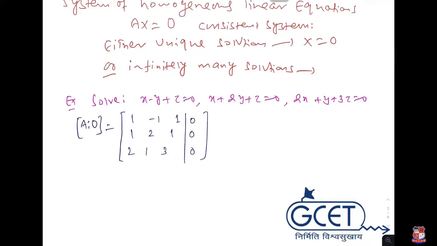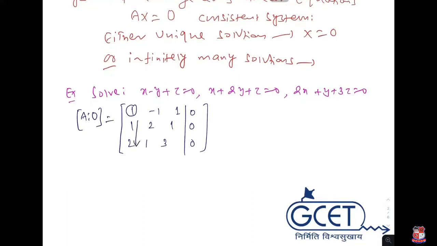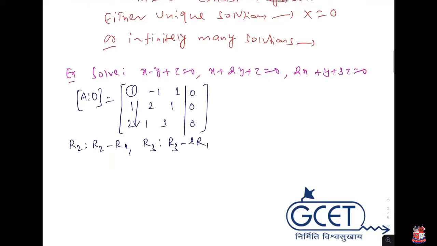Now here is a 1, so by using this 1 we can make the entry below 0. So R2 minus R1, R3 minus 2R1. Okay, so now let us have, so it's easy, first row as it is, 1, minus 1, 1 and 0. Now R2 minus R1, so this minus this, so that is a 0.